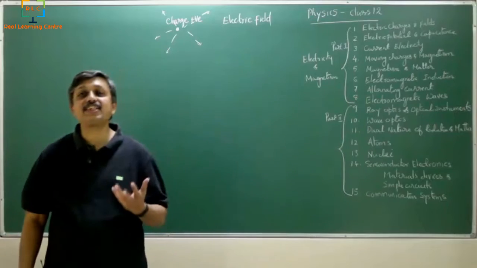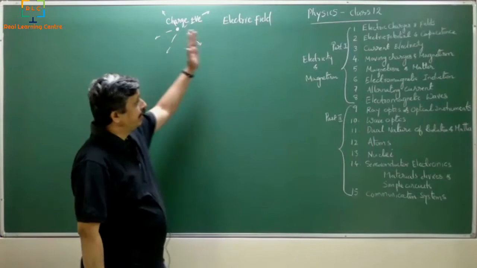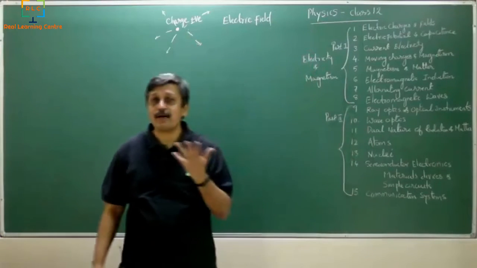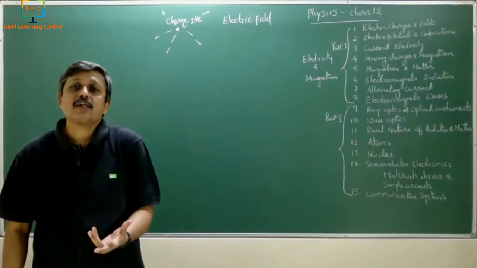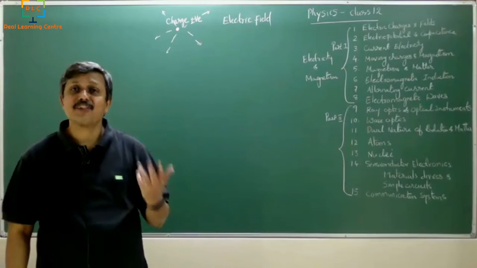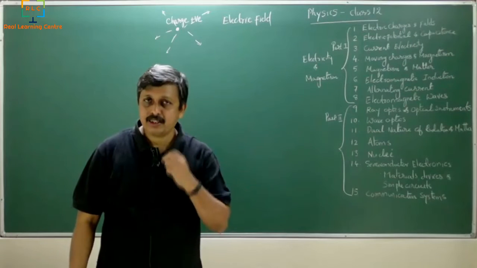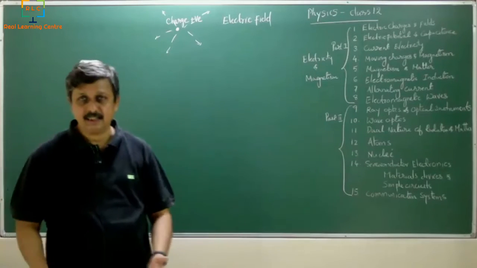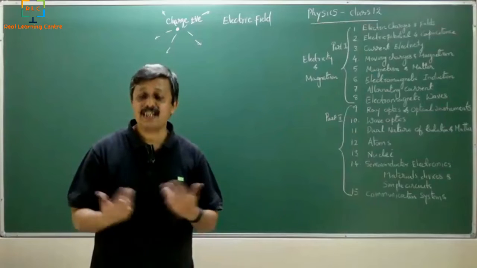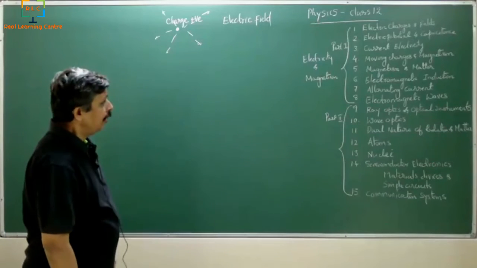We're going to study the charge and electric field in the first chapter, in the sense that we are going to look at quantitative analysis of these things, to understand how much charge will produce how much field, in what shape, in which direction, these kinds of things.